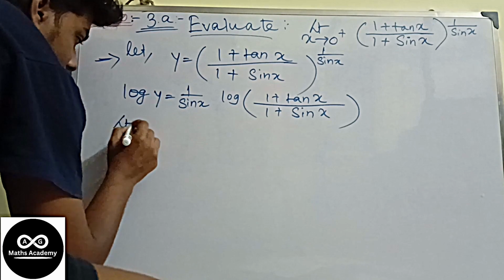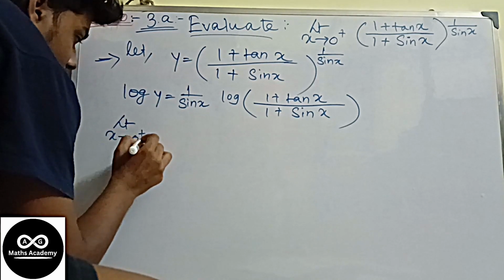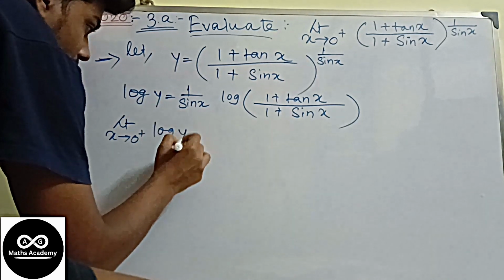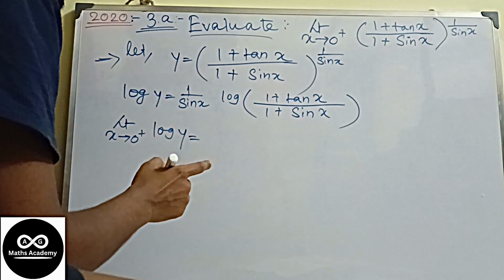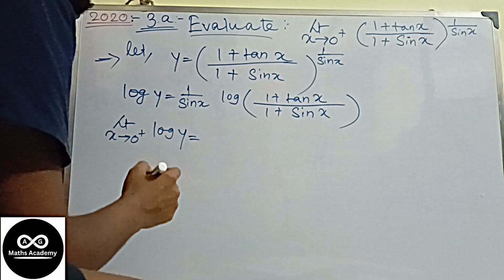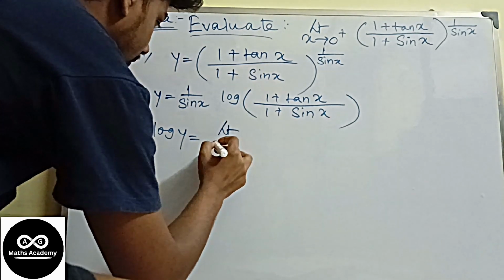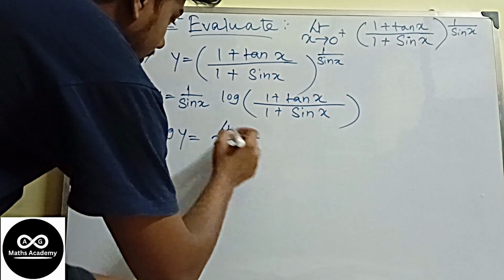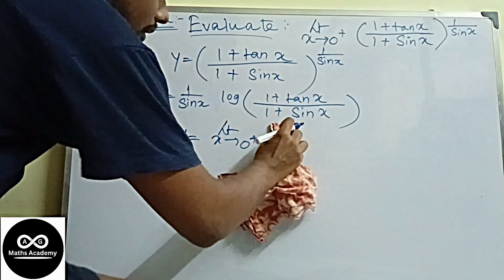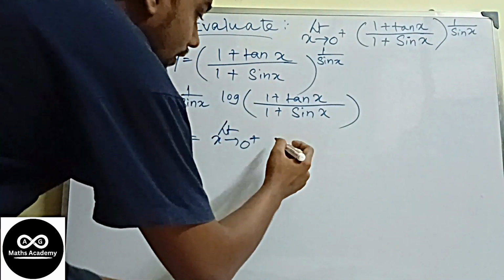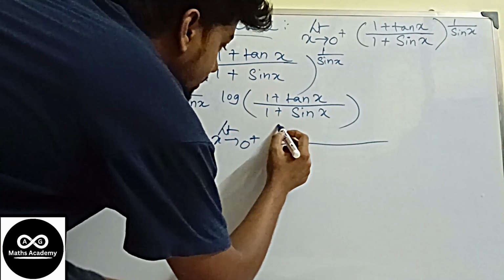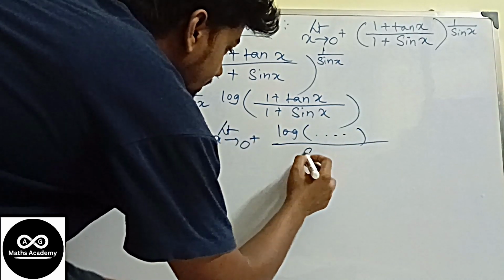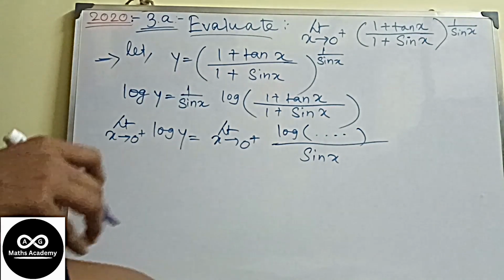So limit x tends to 0 plus of log y is limit x tends to 0 plus of 1 by sin x times log of this.